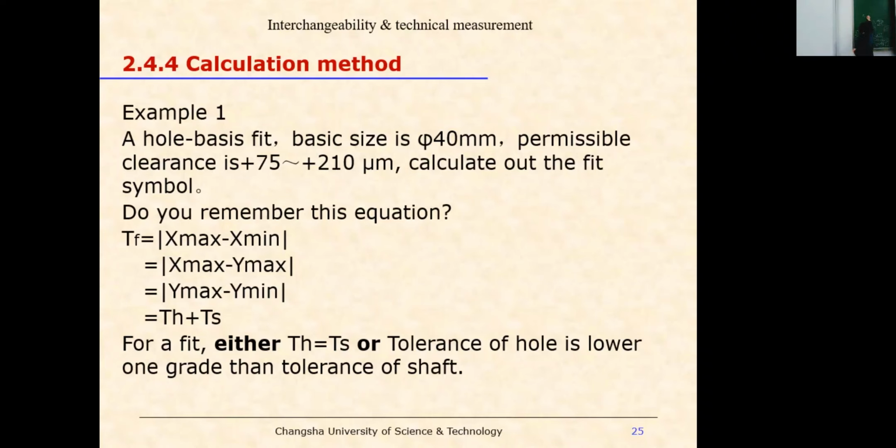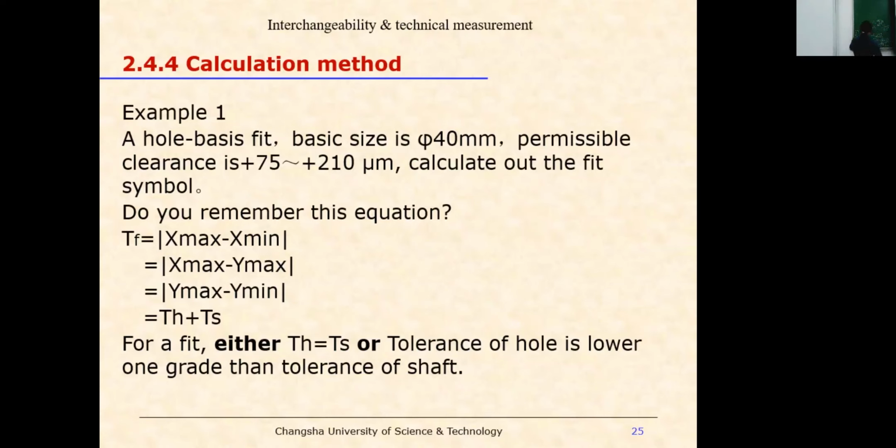TS smaller or equal 3, right? So you can choose. No, sorry. Maximum, not this one. You have to see this one. And we go this one, right? We choose this one, right?